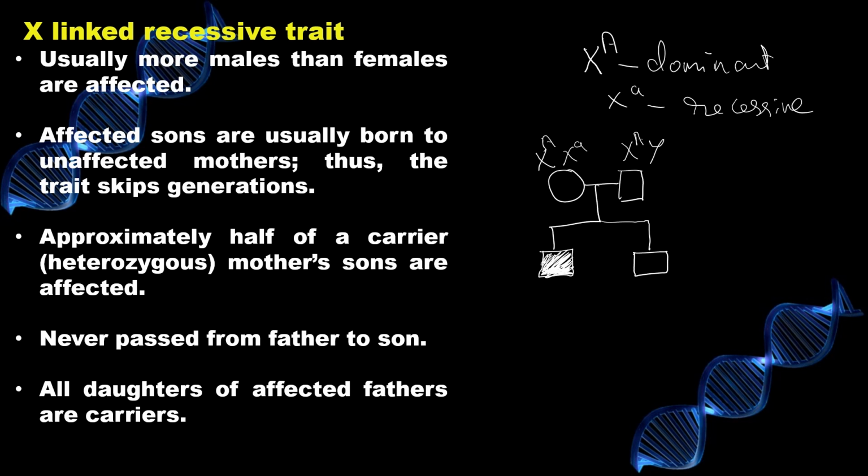So the affected male has a chromosome like X small a Y, and the other X capital A and Y, because only Y chromosome is being provided by the father.